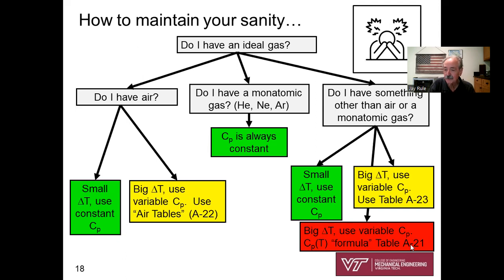That's the case where you're going to go to A21, write down the coefficients for the 4th order polynomial, and perform the integral. So a lot of students panic in this situation. It's my hope that you can go back to this decision tree so you don't panic on homework problems, and at least you can keep this in your mind so as not to panic in test and quiz situations.